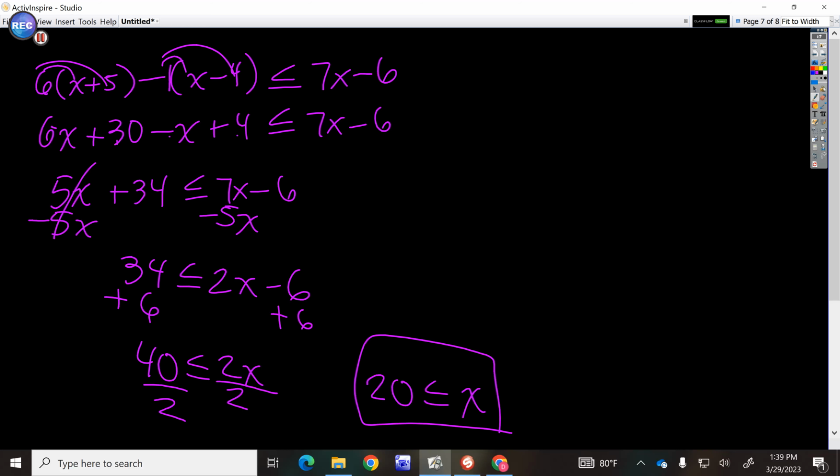Why is it greater than? Because it's open to the variable. See how it's open? Which answer choice, pay attention, which answer choice is open to the x and has a positive 20 on it? D, letter D. So far, so good. We're almost getting there.